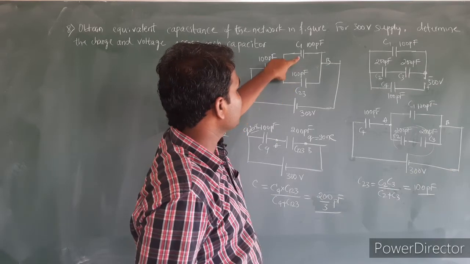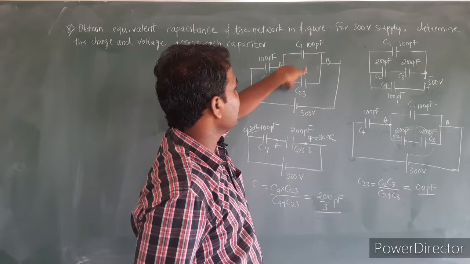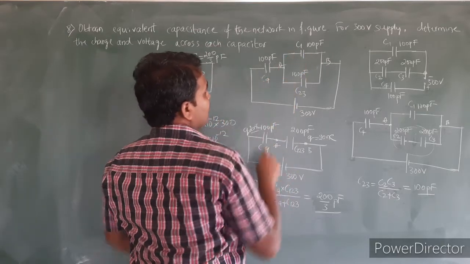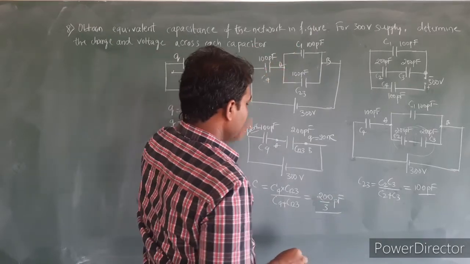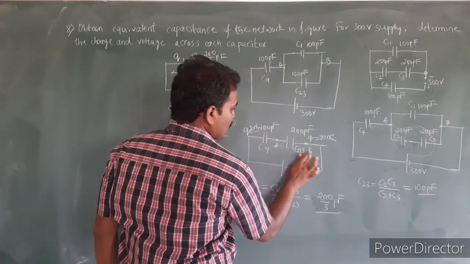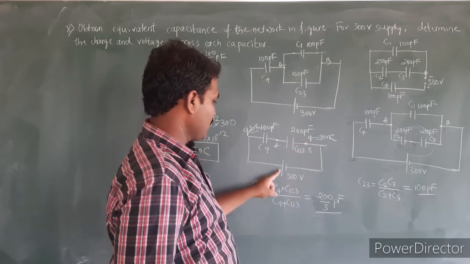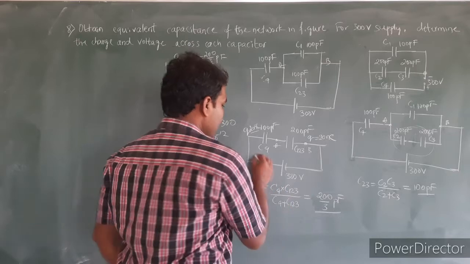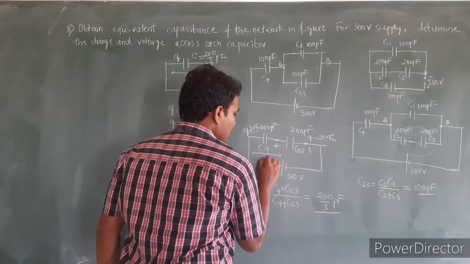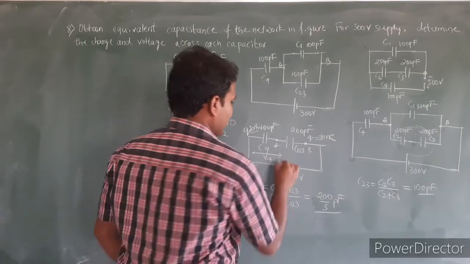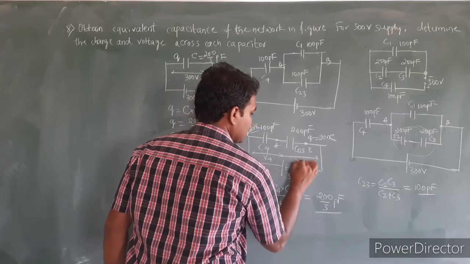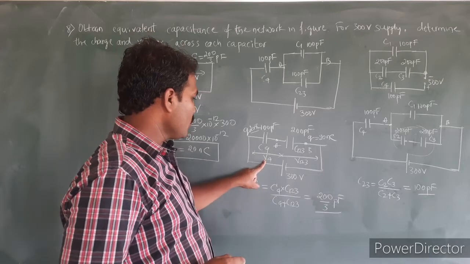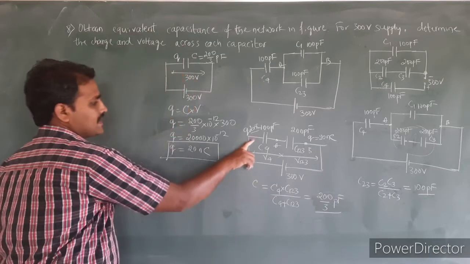But when I observe, the capacitances are the same here, and to find the charge across C1 and C23, first let us find the voltage across this capacitor. The total supply voltage is 300 volt. So there will be a potential drop across C4, that I call V4, and the potential drop across C123, that I call V123.